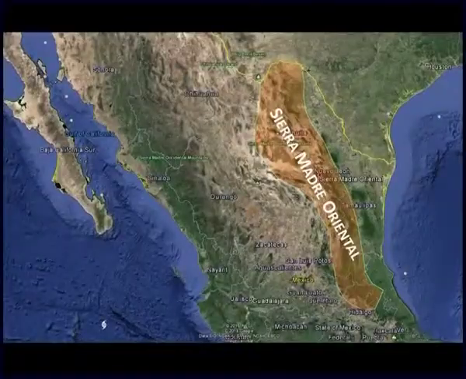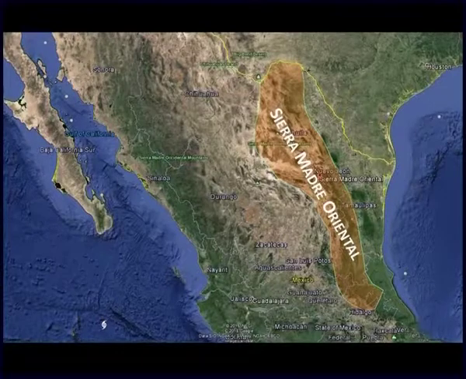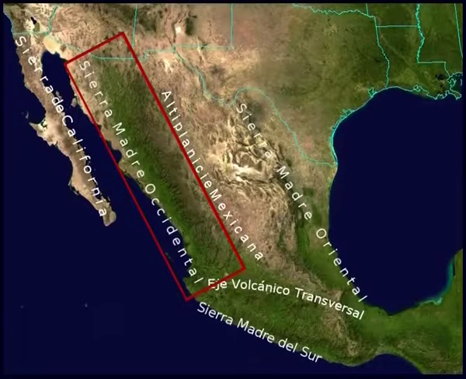Mountains. Mexico is crossed from north to south by 2 major mountain ranges, the Sierra Madre Oriental and Sierra Madre Occidental, which are the extension of the Rocky Mountains.